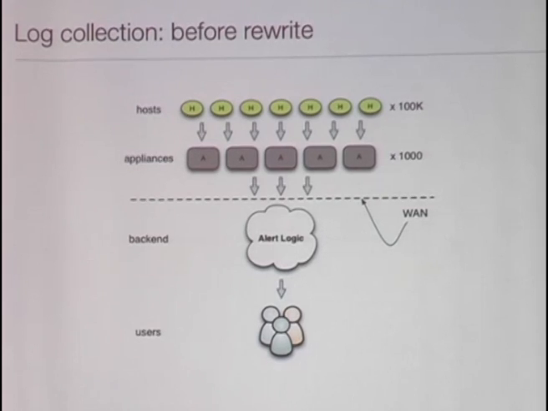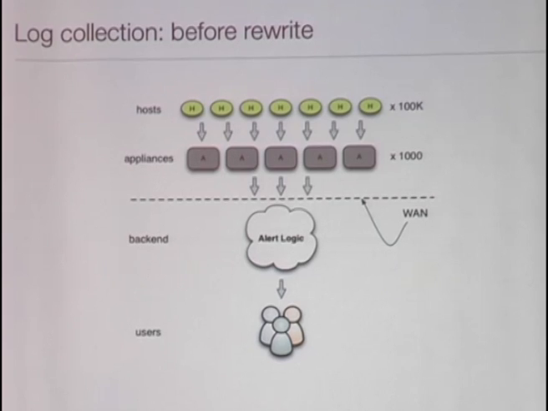Some of these hosts are real servers, like web servers, database servers, or domain controllers, and they send a lot of logs. And some of them are like point-of-sale terminals running some ancient Windows version behind really slow links. So it's not a typical data center environment.